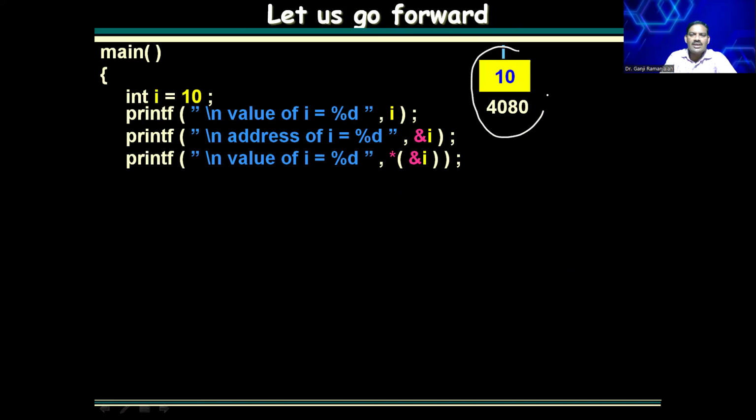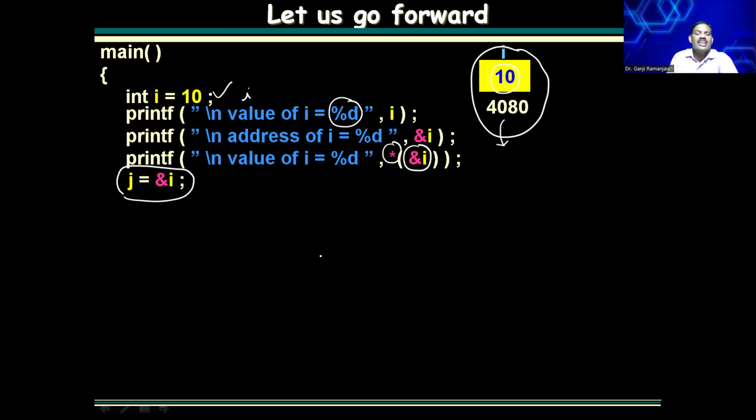I is equal to 10, which means this is the value, 10, and this is the address. Value of I is 10. Address is the memory location. Value at address is again 10. For example, j is equal to ampersand I. You have to declare another variable.